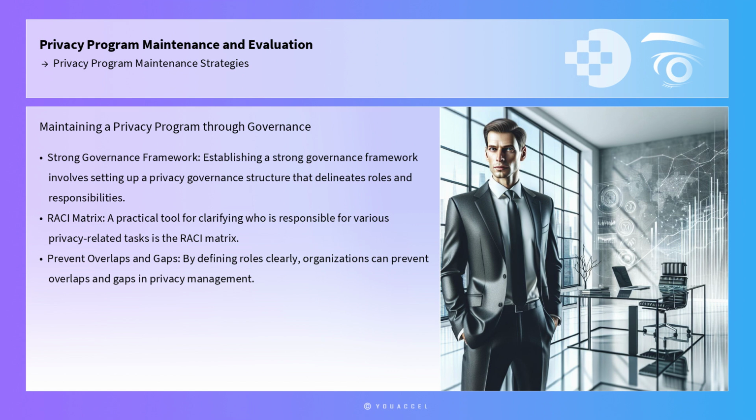A practical tool for this is the RACI matrix, which helps clarify who is responsible for various privacy-related tasks. By defining roles clearly, organizations can prevent overlaps and gaps in privacy management, ensuring that every aspect of the privacy program is monitored and maintained.